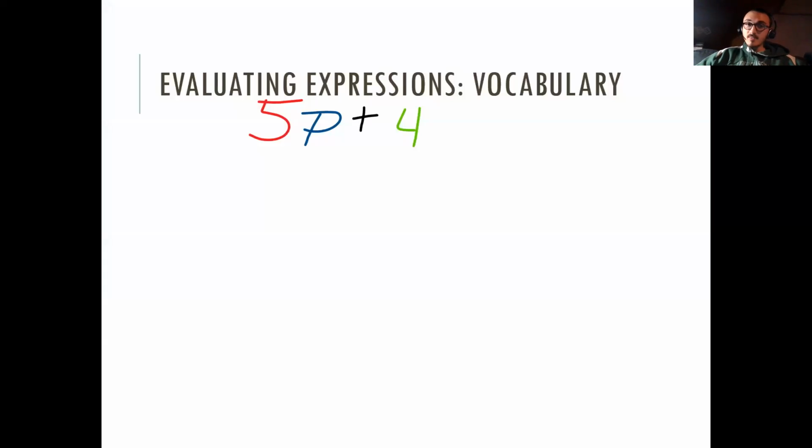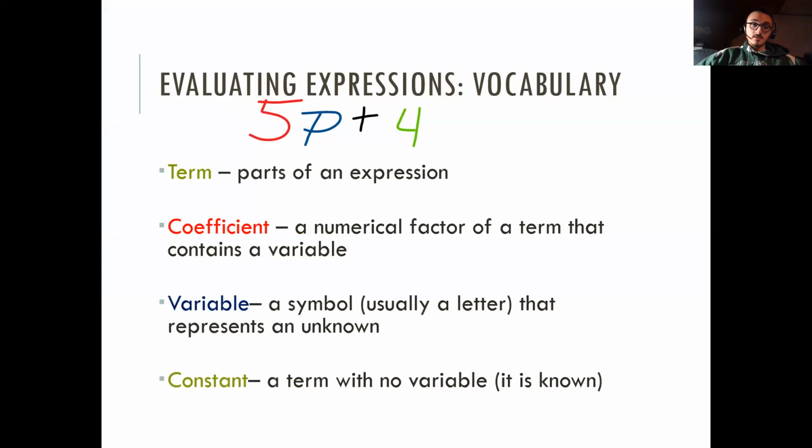But again, we are talking about evaluating expressions. So I have an algebraic expression right here. I have 5p plus 4. So we're going to go over some of the vocabulary terms. So things are pretty much color-coded here if you look. So the terms are the individual parts of an expression. My terms here, I have 5p and I have 4.